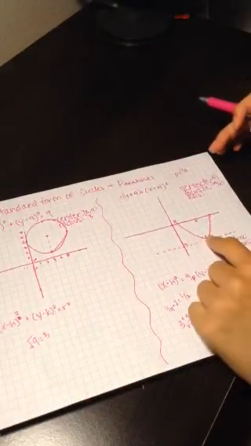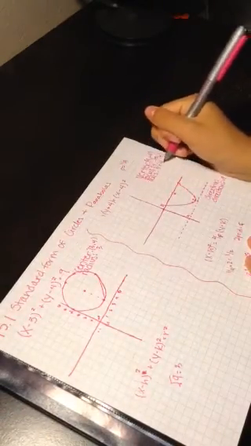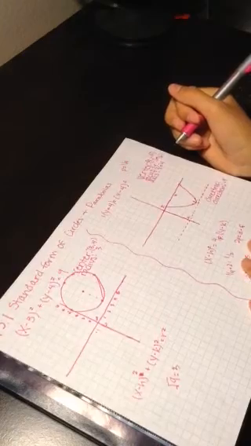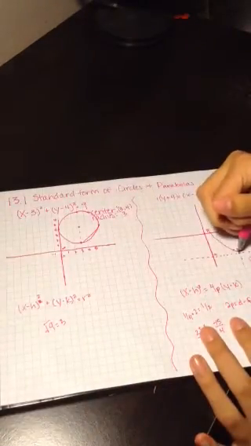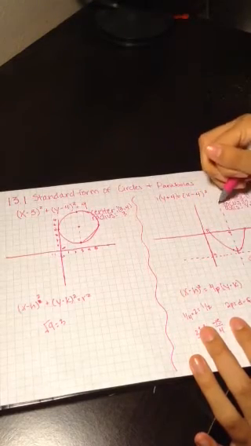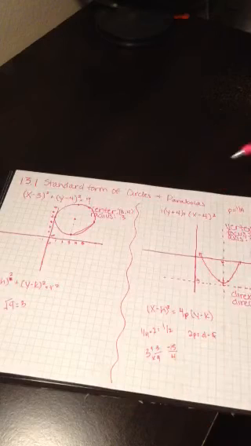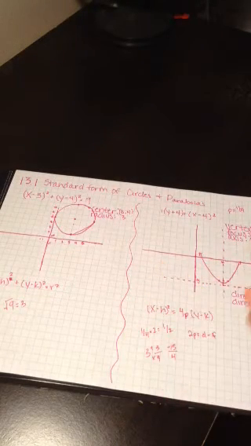Now your axis of symmetry is going to be x equals 4, because it crosses the x-axis at 4. All that's left is your directrix, and the directrix is opposite of the focus.